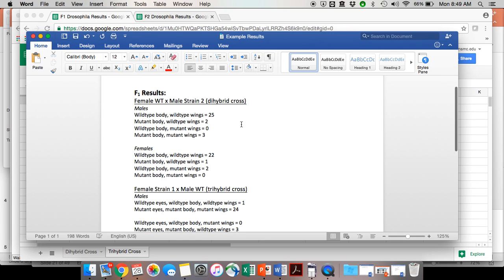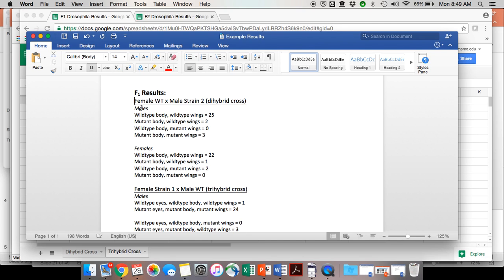First let's look at the dihybrid cross. The reciprocal cross that I'm using here is female wild type crossed with male strain 2. You may have the opposite. We'll talk about how that would work in just a second. You may have done both of these. If that's the case, then you'll put data in both parts of the spreadsheet.